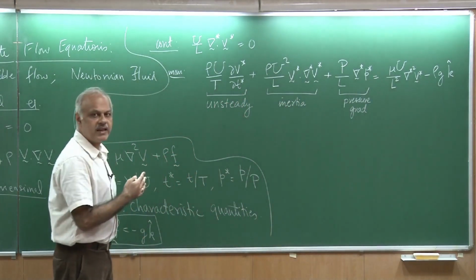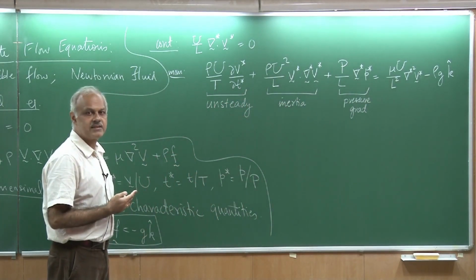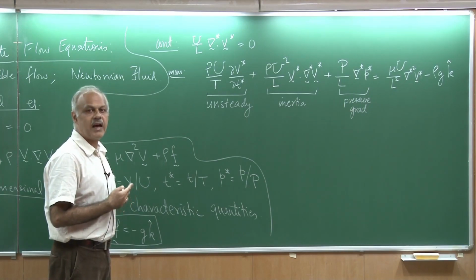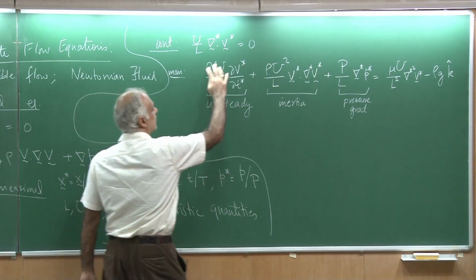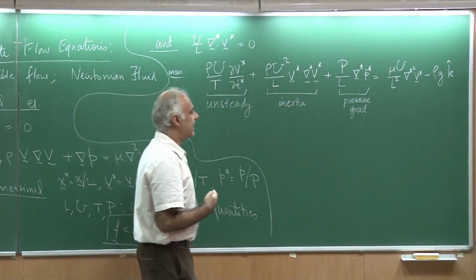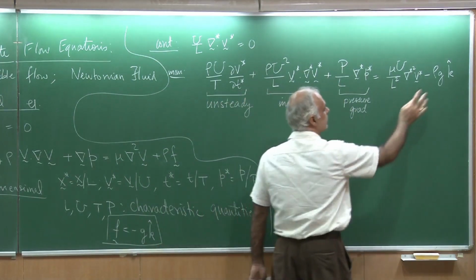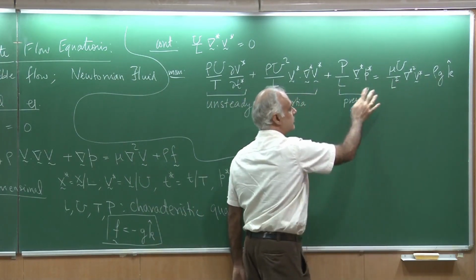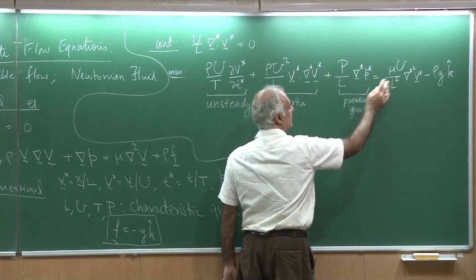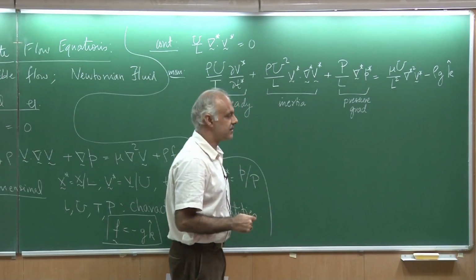Let me remind you that this is a force balance equation. This was derived by doing force is mass times acceleration. So these first two terms, they constitute the acceleration, and then the force came from a body force, which is here, and the surface force has two components, one because of the viscous stress and the other because of the pressure.